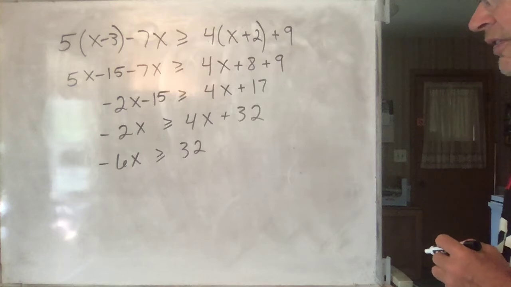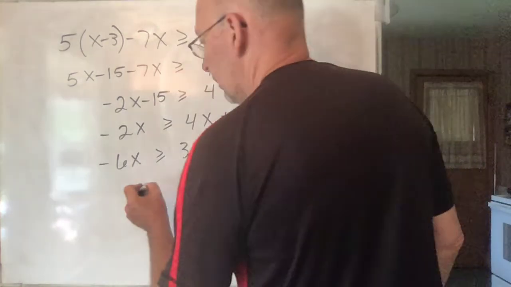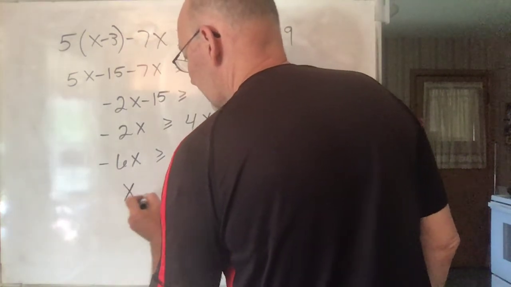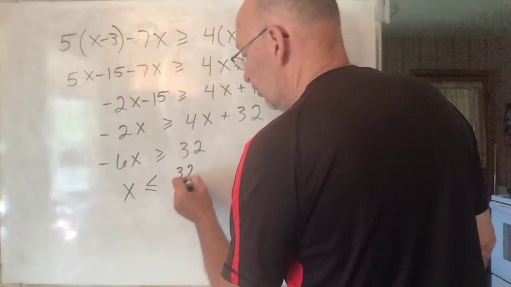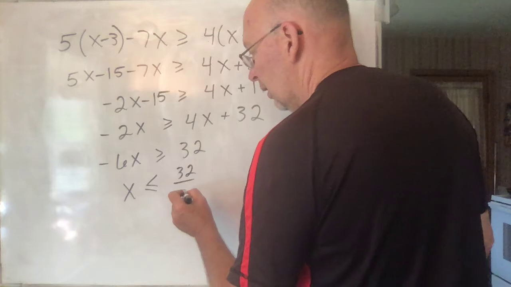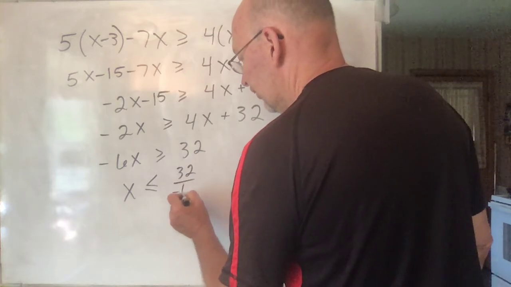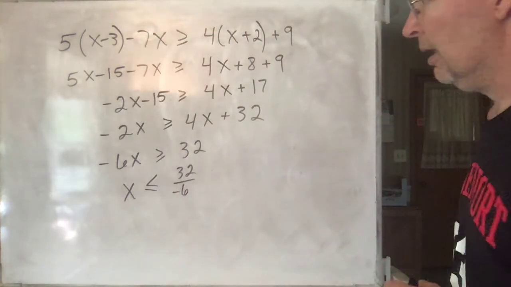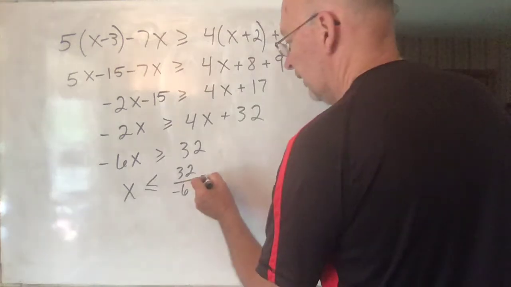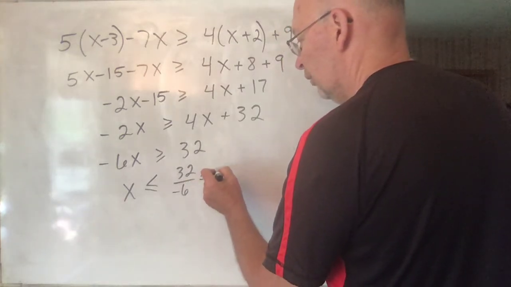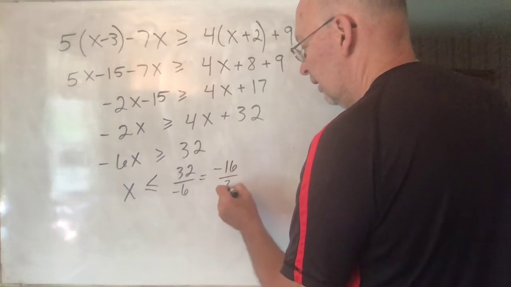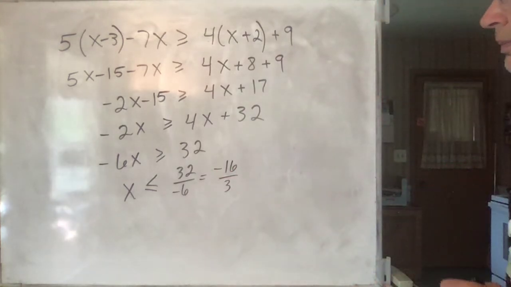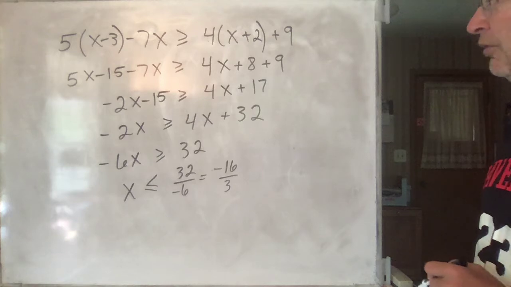And finally, let's divide both sides by negative 6, and so we're going to get x, remember we have to change the sign, 32 over negative 6. And so you could leave it like that, but I notice I can reduce that. First of all, I can bring the negative up on top and write it as 16/3. Okay, so that works.